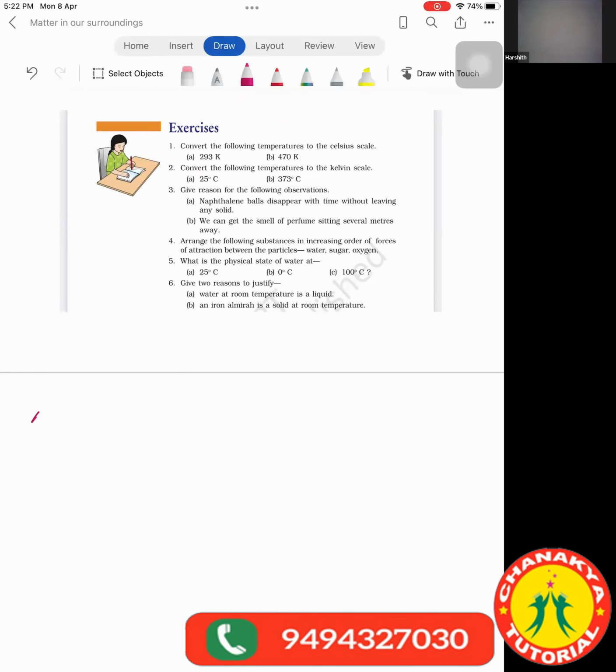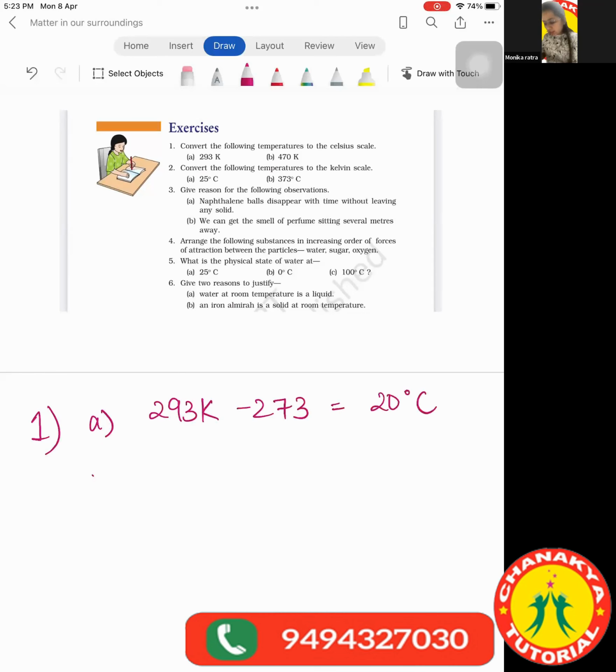So 197 degrees Celsius. 293 Kelvin minus 273 gives us 20 degrees Celsius. That first answer is correct. 470 Kelvin minus 273, what will be the answer? Ma'am, it is 197 degrees Celsius.